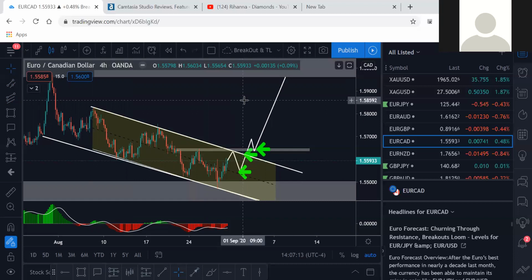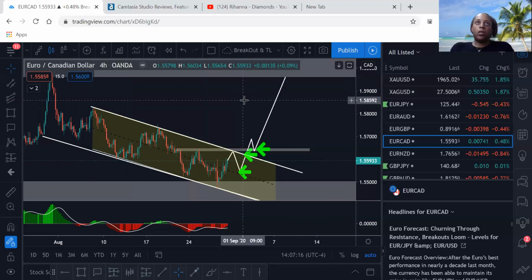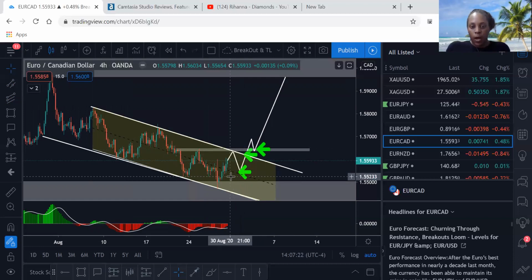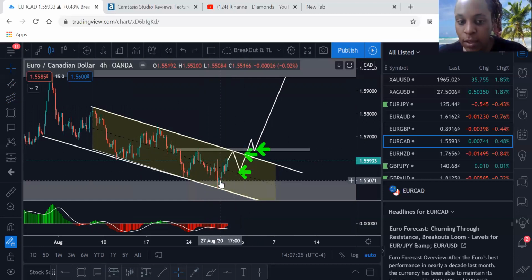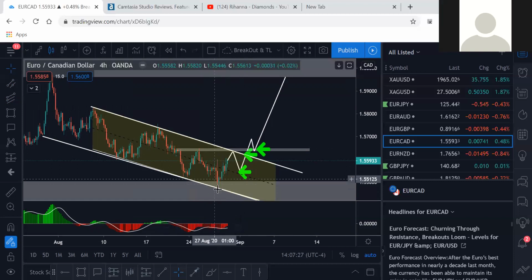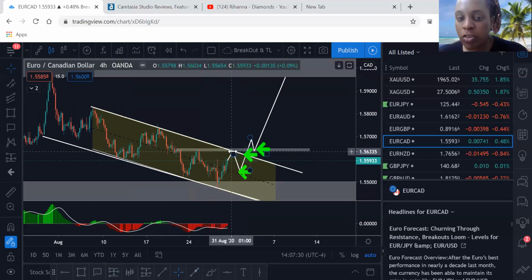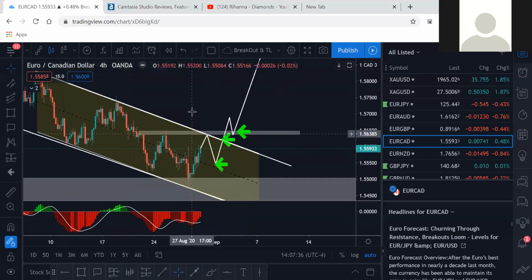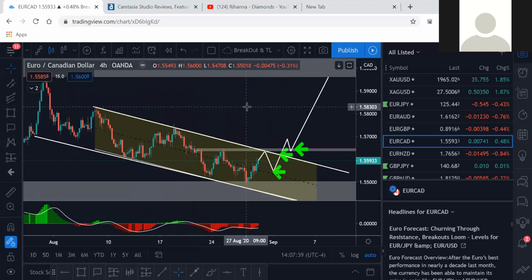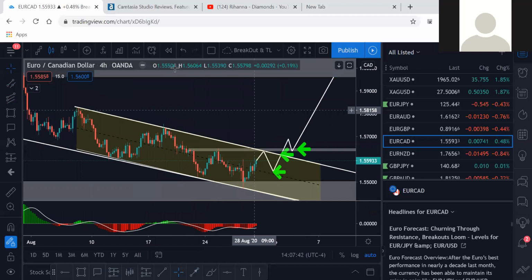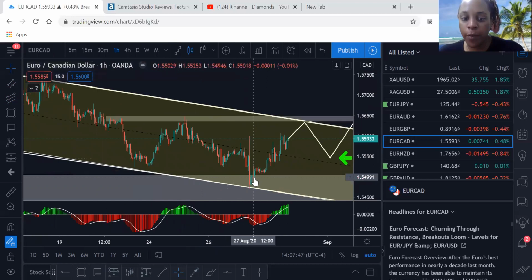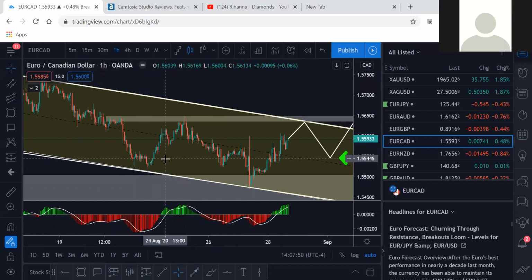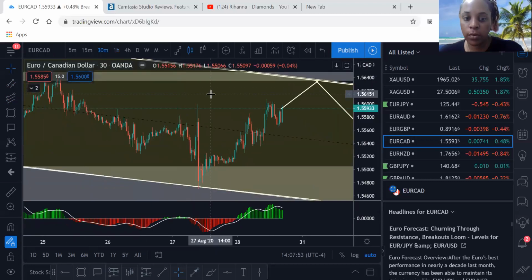But channels are really good for looking at different things. So, for example, if you see a channel forming, a nice zone to get in, a nice area to look for entry would be at the bottom of the channel for a buy or the top of the channel for a sell. From here, if it was looking at the 1 hour time frame here for the bottom of here, we go to lower time frames.